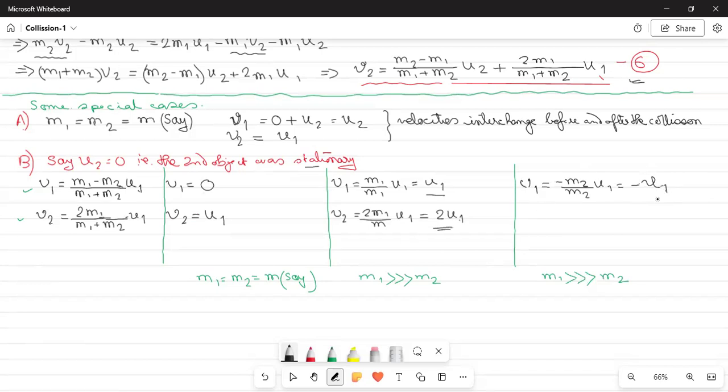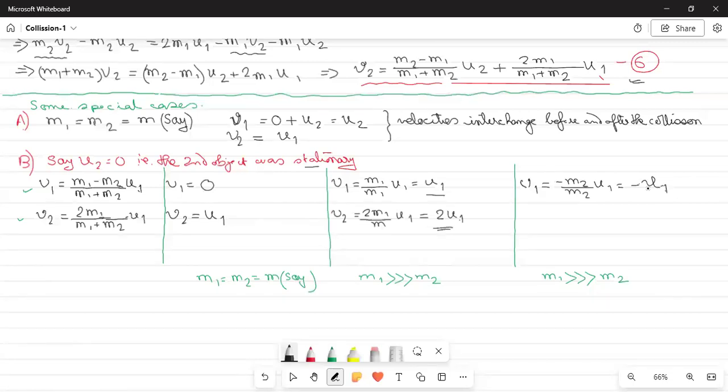That means the second object is stationary and very heavy like an iron ball or a stone block or a stone wall, and M1 is a small ball. Then it will rebound. Its velocity becomes negative. It rebounds with the same velocity, provided, of course, this is the perfectly elastic condition.